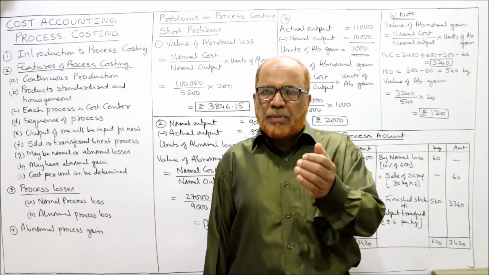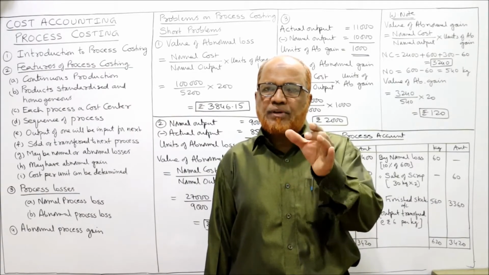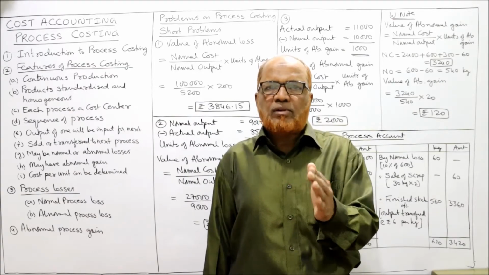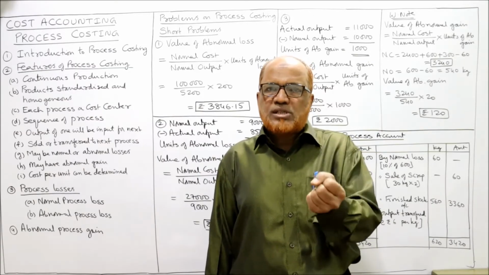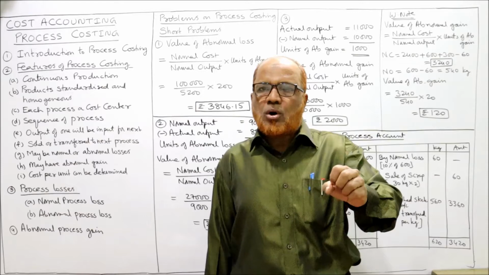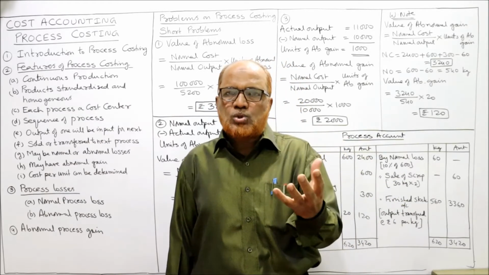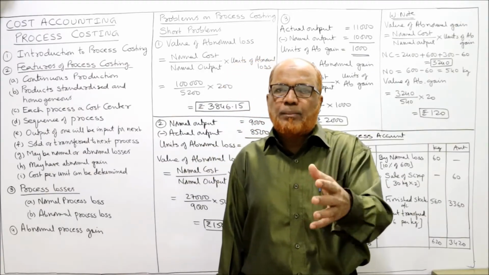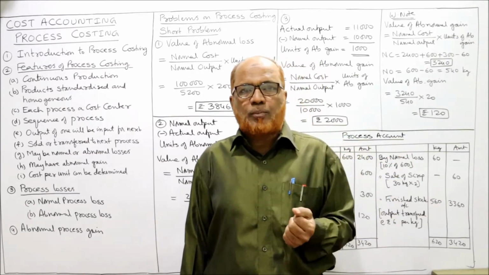Sugar cane is purchased, and in the first process, first department, first stage, sugar cane will be crushed and juice will be extracted. Once juice is extracted, it will be passed on to the next stage, next process. There the juice, which is in liquid form, will be made into solid form, crystals. Crystals are made in the second process.